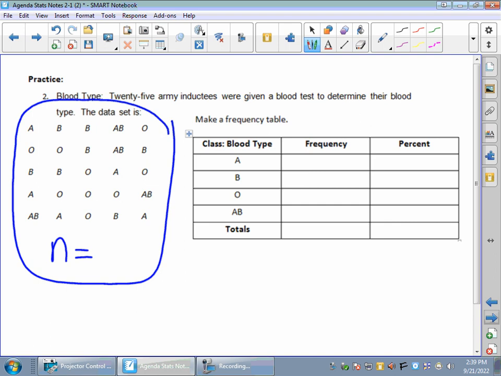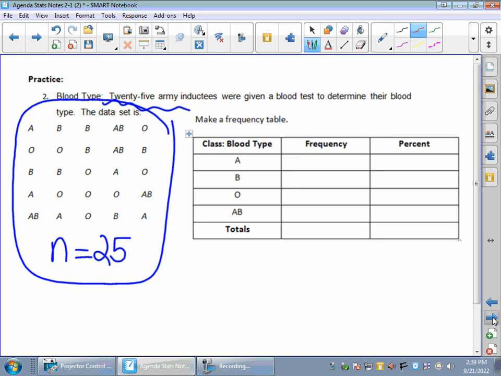Well, you could count 5 by 5, or you could also notice up here, we're getting information from 25 Army inductees. So there should be 25 pieces of data. Second of all, do you see that this is qualitative data? There's no quantities involved. It's either A, B, O, or AB. So it's qualitative data.